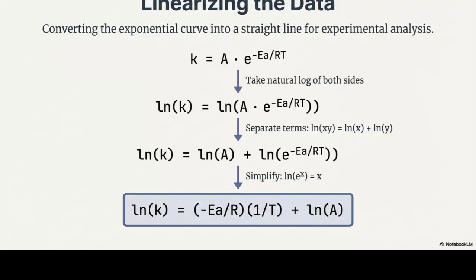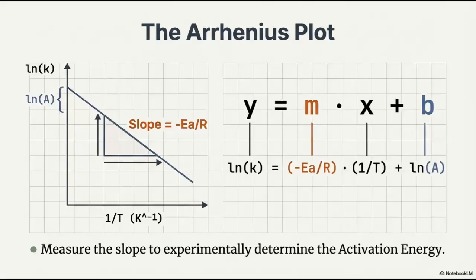We are going to look at the final version of it, where natural log of k equals Ea over R times 1 over T plus natural log of A. We are going to manipulate that a little further to get the final version of the equation that I want you to remember.